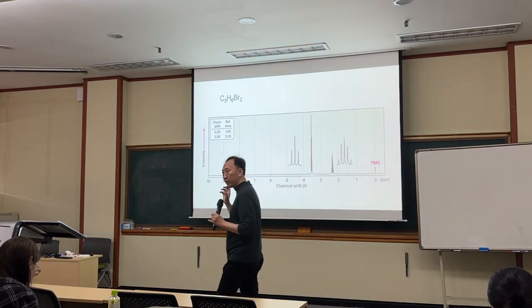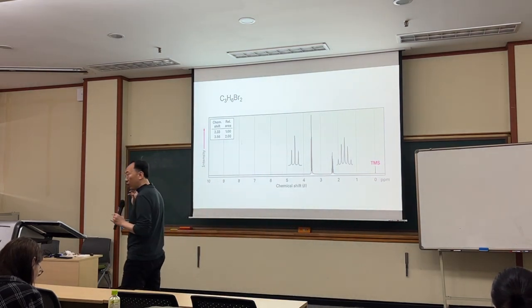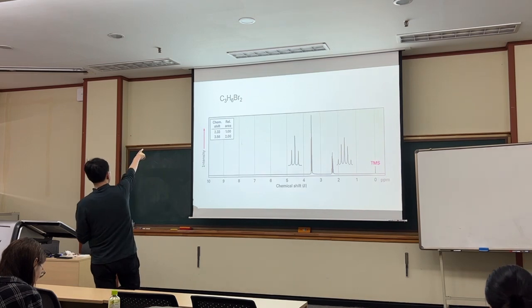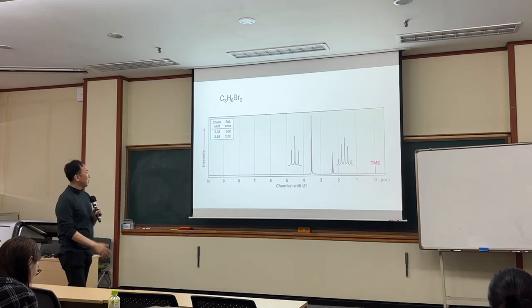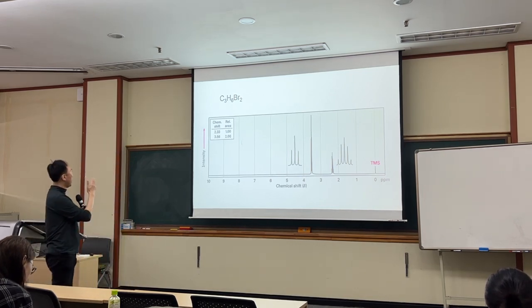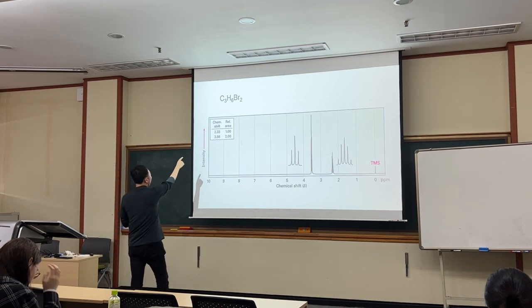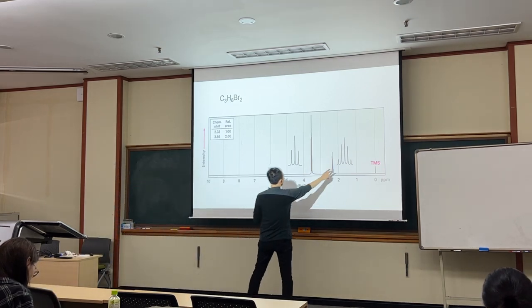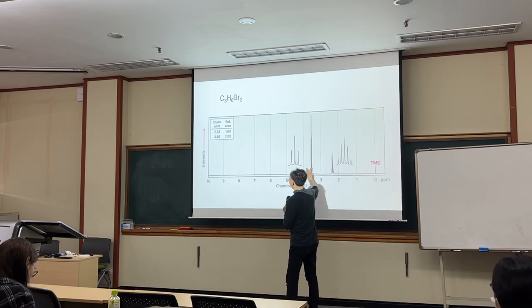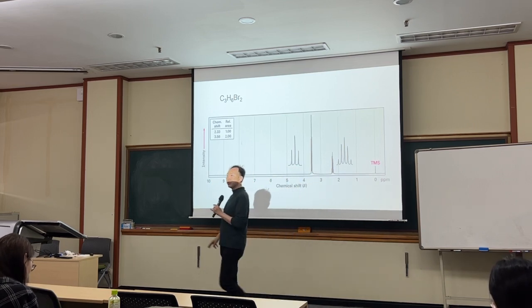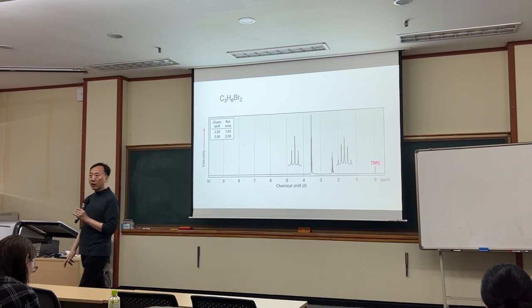Degree of unsaturation, 0. 6 plus 2, 8, minus 6, minus 2, 0. And peak-wise, you have 6 protons, 1, 2. That means this is 2 protons, this is 4 protons. And it looks like symmetric.